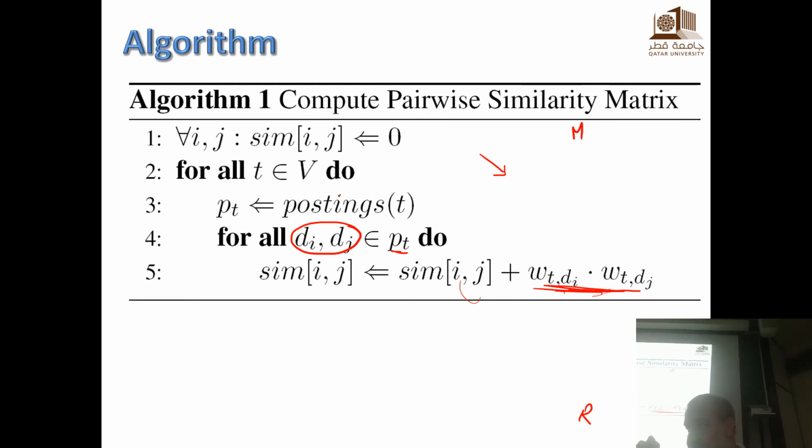Let me clarify one thing. It seems like it's confusing to you. The output of the indexing, what will be the format of the output in the indexing phase that we discussed in the first part?